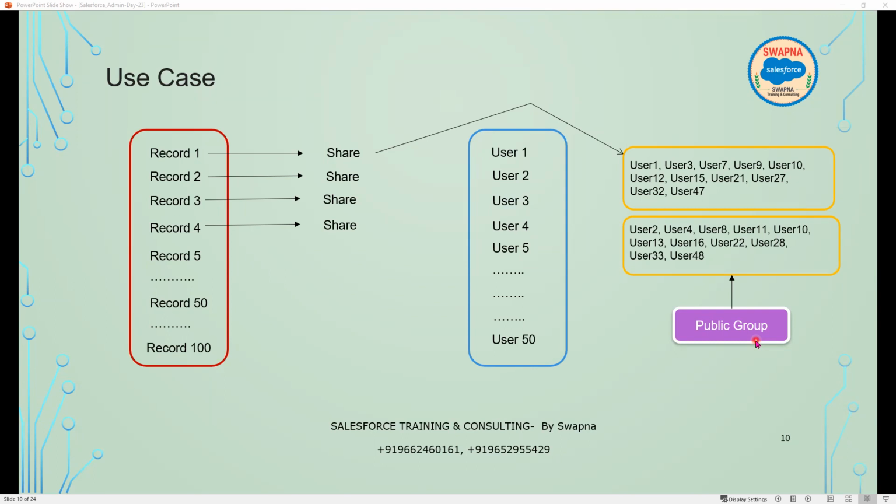If you create a group of the family members, then if you send a single message, everybody will receive the message. Similarly here, if I select a public group, whenever I want to share the record, I can simply select the public group. Whoever is part of the public group, everybody will receive the email. This is the whole concept of where the public group came into the picture.